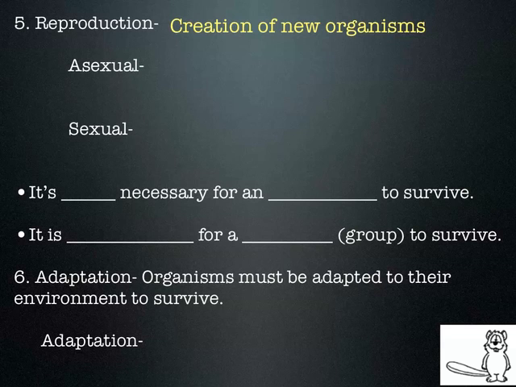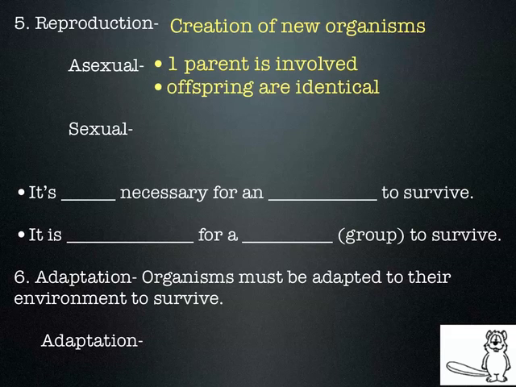It only involves one parent organism. Like when a bacteria cell is split in half and it's reproduced. Now you have two bacteria. You had one, you end up with two. Only one parent was involved. But those two are just copies. They're basically identical to the original parent.